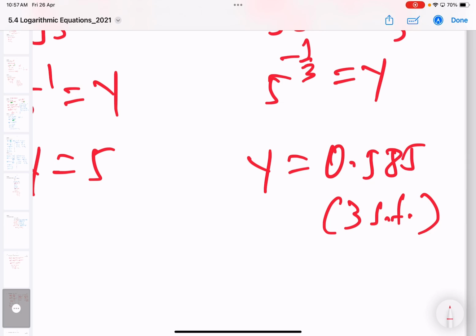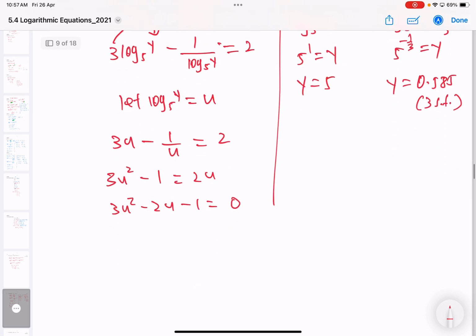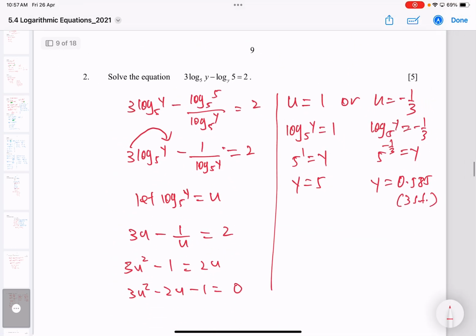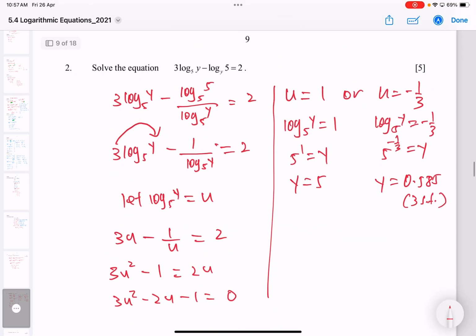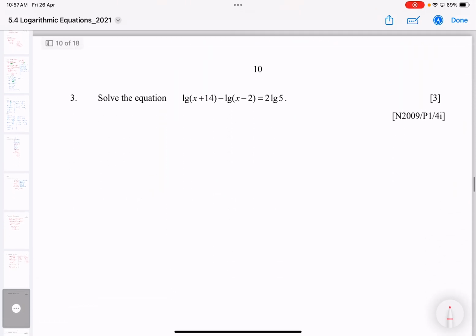There's no fraction, but you have the surd. In the question, if they never ask you to leave as surds, don't leave as surds. You always leave to 3 significant figures. Everyone okay already? Can I move on to the next one? Okay, let's move on.